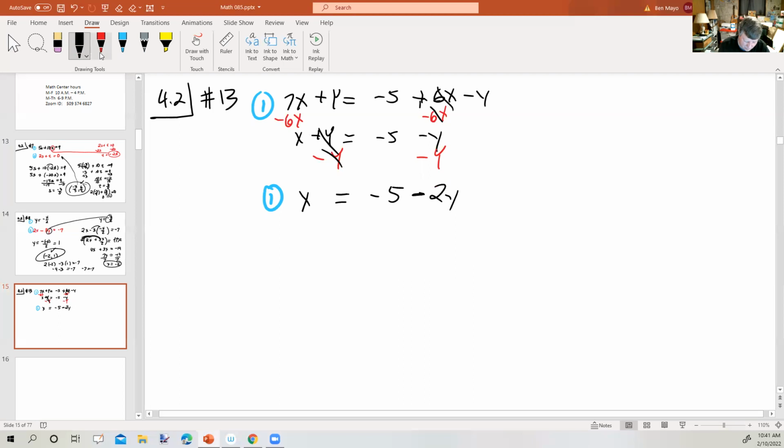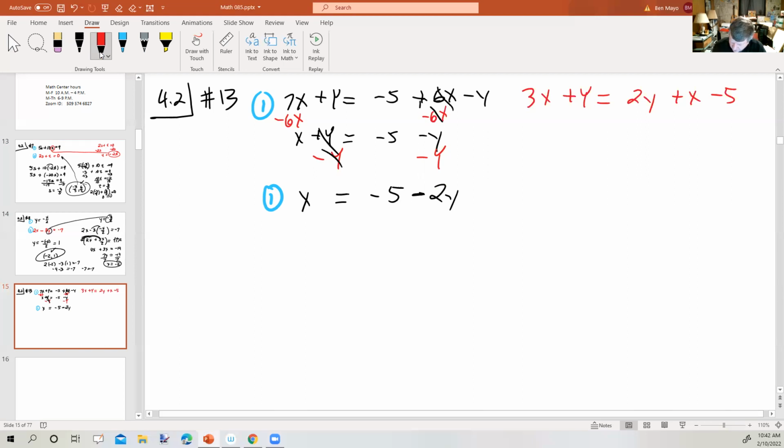Now let's take a look at equation 2. Equation 2 is 3x plus y equals 2y plus x minus 5. Okay. Now, I could just go ahead and use that equation as it is and plug x in all the different places, but I think I want to simplify things a little bit more.